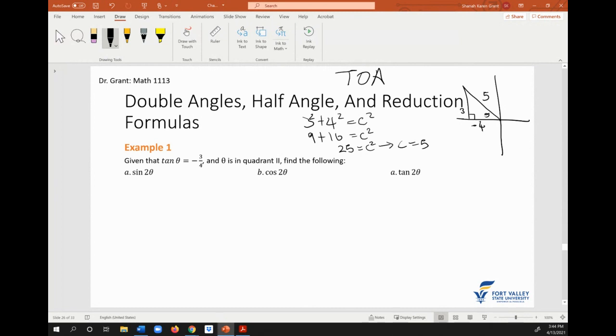Okay, so sine of 2 theta, if we recall from what we just derived, that's going to be 2 sine theta cosine theta.